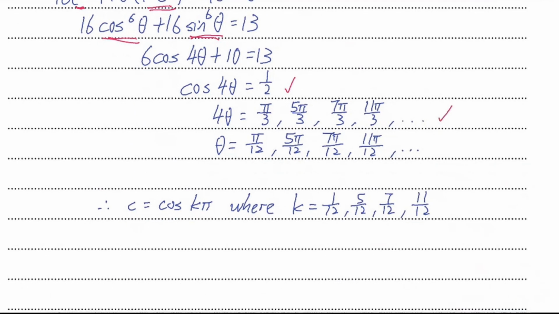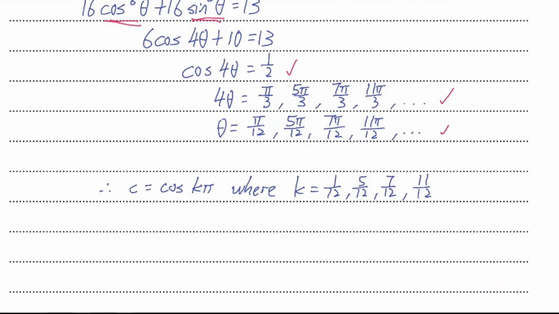Of course here we have to solve for the values of 4 theta. For this I'm just considering the first 4 values of theta, because the first 4 values of theta that we have here are not repeated. You could write out all the values for theta and list them all out as well.